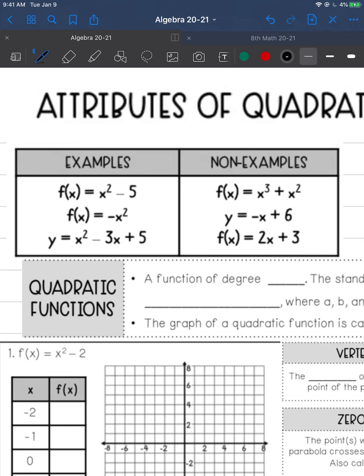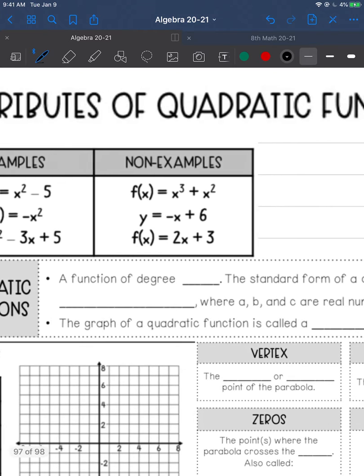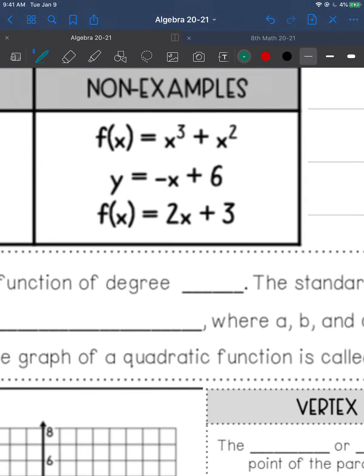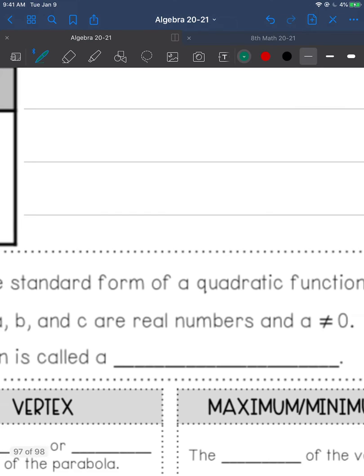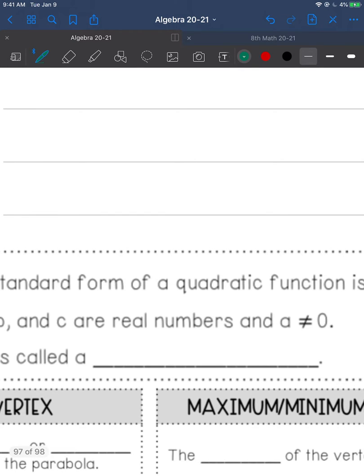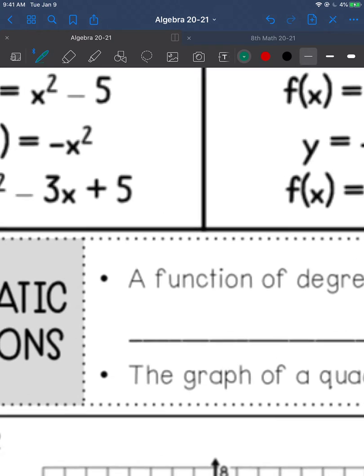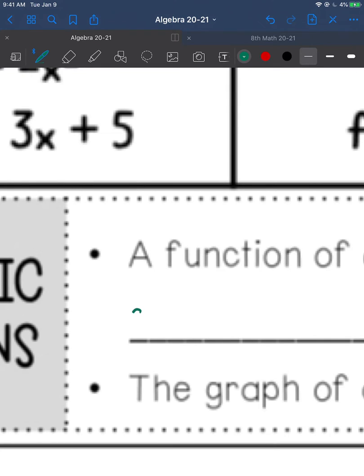Okay, so a quadratic function is a function of degree 2, so that's one of the things we need to know. I'm going to do this in green today. It's of degree 2, and it's in the standard form of a quadratic function. It doesn't have to be, but the standard form is, and because we're talking functions, we're going to use our function notation.